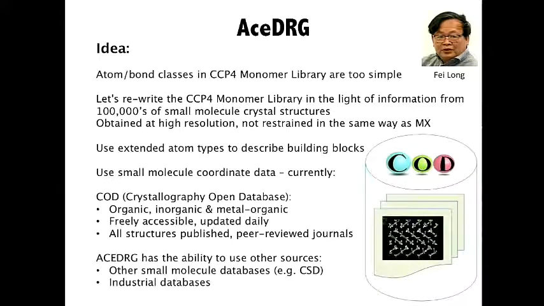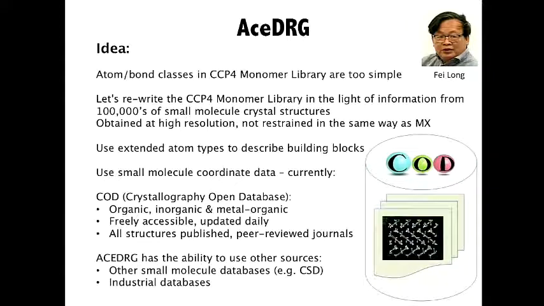So the idea behind AceDRG is to rewrite the CCP4 Monomer Library in light of the hundreds of thousands of small molecule crystal structures that have been deposited in small molecule databases. These have all been obtained at much higher resolution and are not restrained in the same way as in macromolecular crystallography, and so they should be much more reliable.